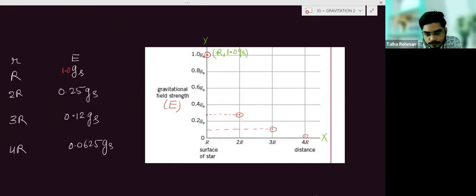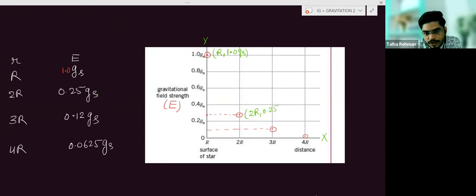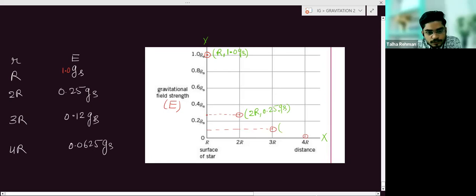Now second point. This is 2r, comma 0.25 of gs. Now this point, 3r, 0.12 of gs.